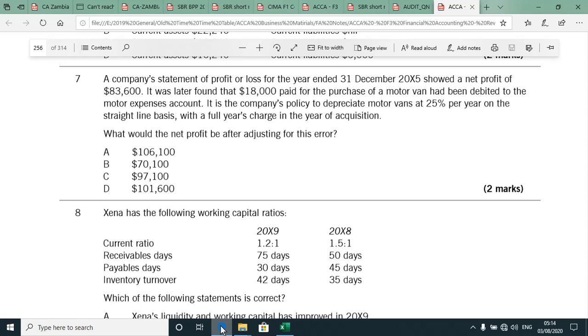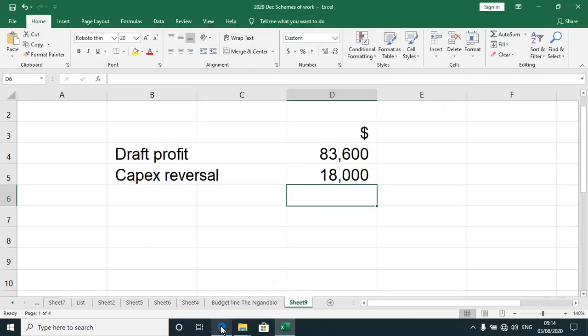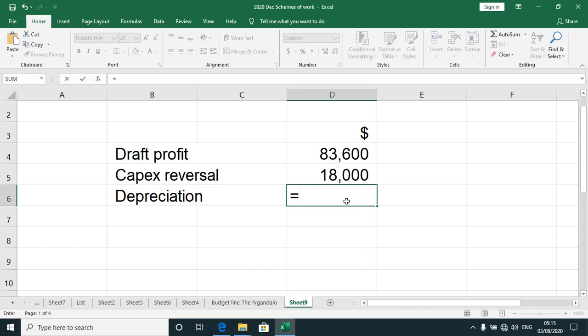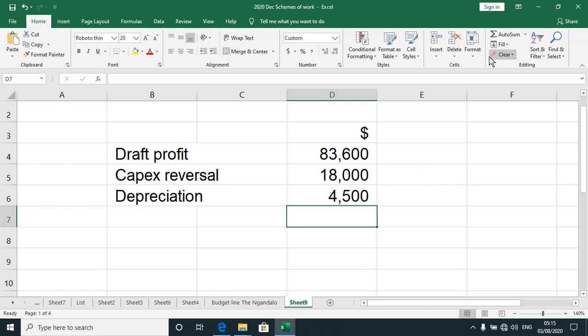It is the company's policy to depreciate motor vans at 25% per year on the straight line basis with a full year's charge in the year of acquisition. So we need to still depreciate that amount. So depreciation is equal to, we are told 25%, all right?